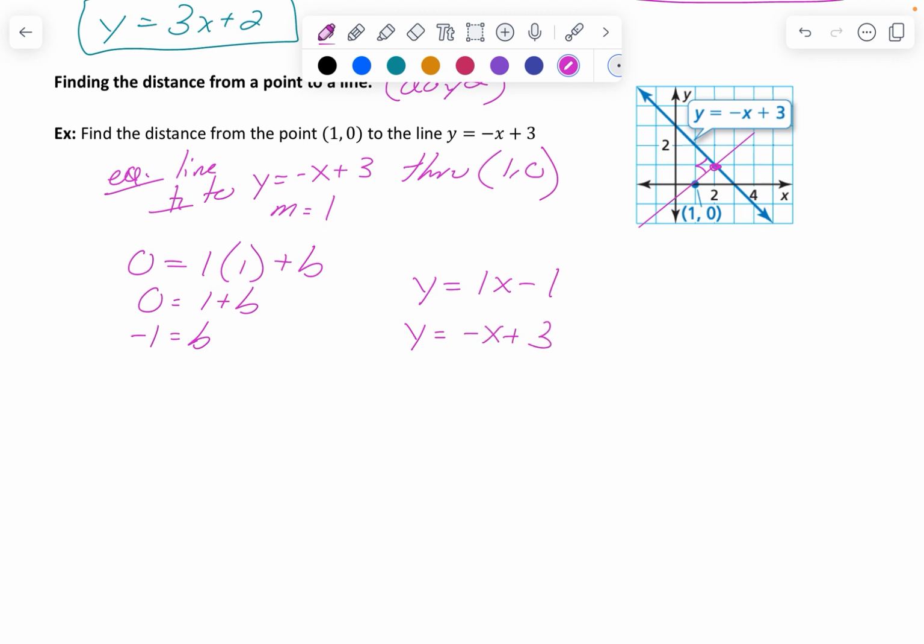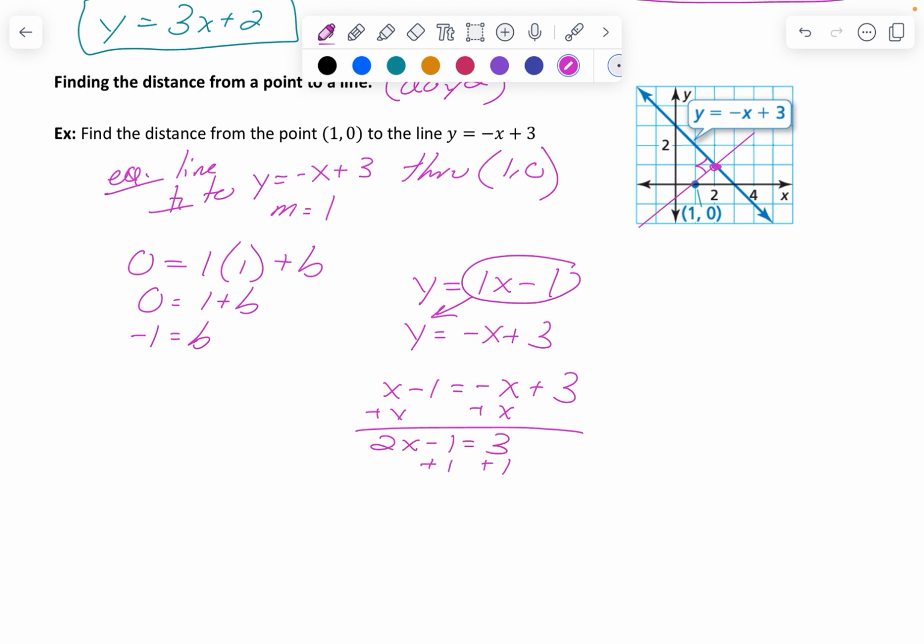So if you remember from Algebra 1, if we add these equations together, see how these are going to cancel out? We could use, or you know what, let's do substitution, because they won't always cancel out. Since y equals this, I'm going to substitute that in place of y there. So x minus 1 equals negative x plus 3. If I add x to both sides, we get 2x minus 1 equals 3.